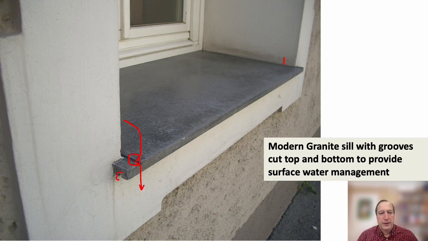And of course, there's also a saw kerf on the bottom. So there's other ways of doing these things. The key is to think through how water flows on the surface and how textures, materials, and geometry can be used to guide that water in the least impactful way possible.